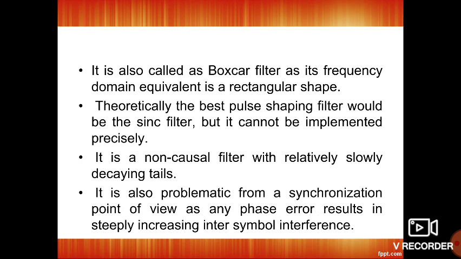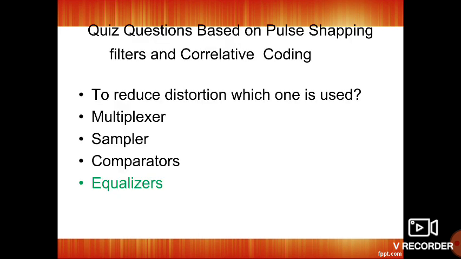Here the boxcar filter is a frequency domain equivalent filter which is rectangular in shape. Theoretically, it is a non-Gaussian filter with a relatively slowly decaying trace. Also, the synchronization point is used to view the phase errors.